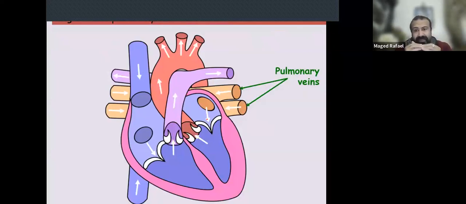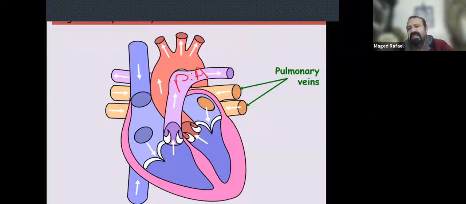Now the blood goes back to the heart through the pulmonary vein, and here we have an exception for arteries and veins. Usually arteries carry oxygenated blood, with an exception for the pulmonary artery. The pulmonary artery carries deoxygenated blood, and this is the exception in the human body.